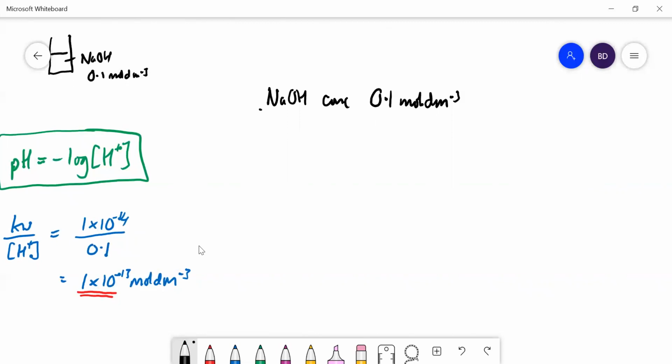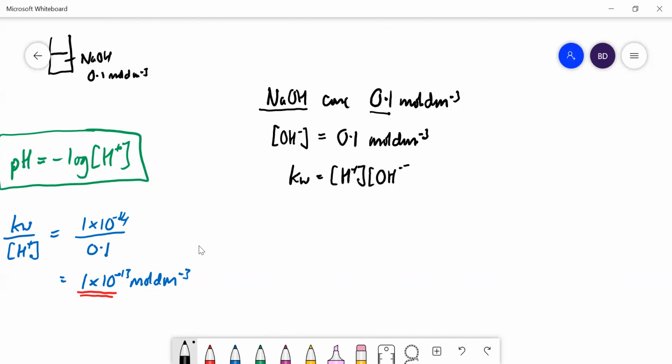So the concentration of the NaOH is that, then the OH minus concentration in that solution is equal to the same, 0.1, because it all dissolves really well. So if we've got a high OH minus concentration, we know from the expression that because the Kw is a constant, if OH minus is high, H plus concentration must be really low.